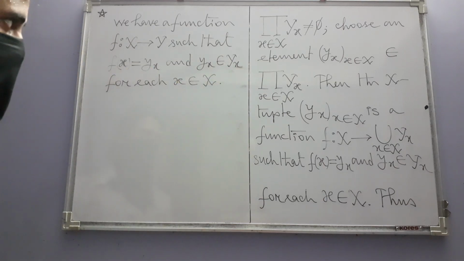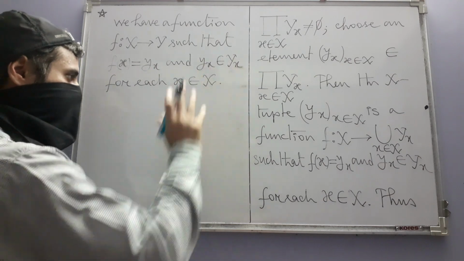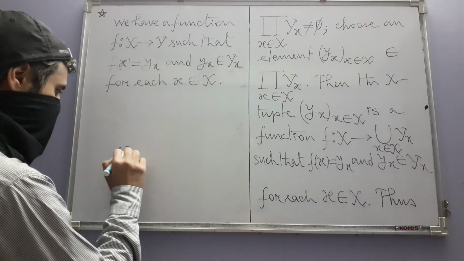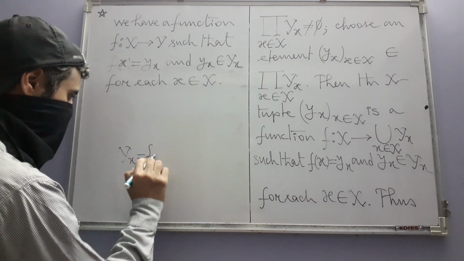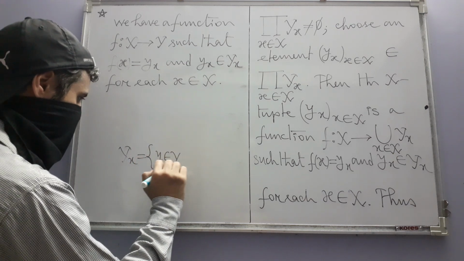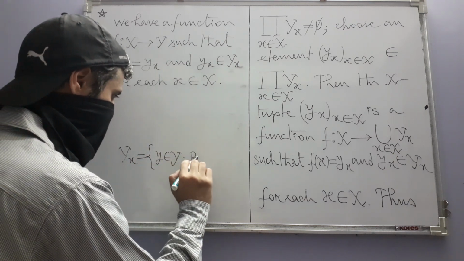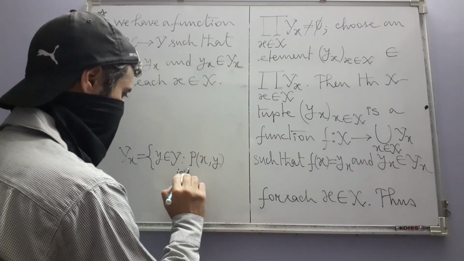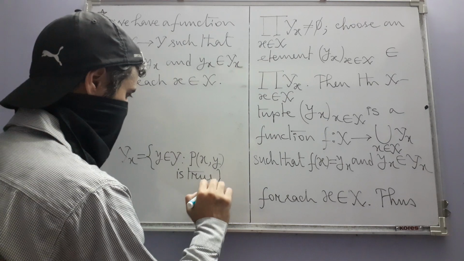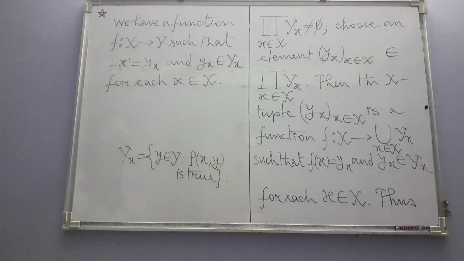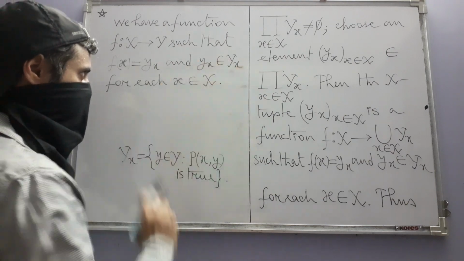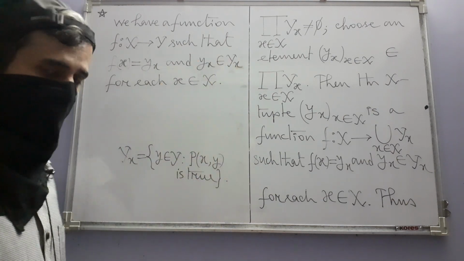But let's now recall what yx was originally. Yx is the set of those y in Y such that P of x comma y is true. And now the fact that for each x in X, yx belongs to yx means what in terms of this P?